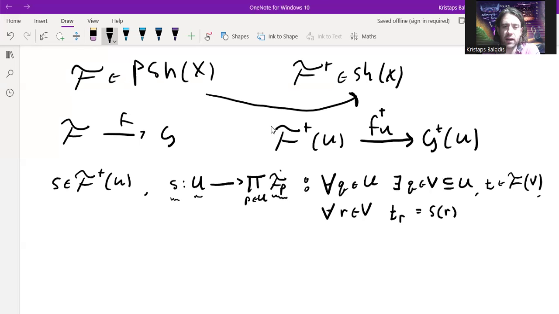So S at P has to be in F sub P. Right. So that was the defining condition.